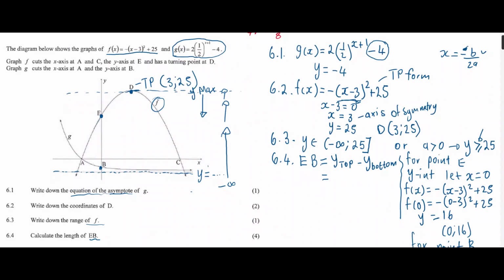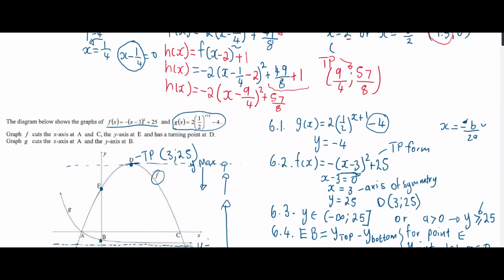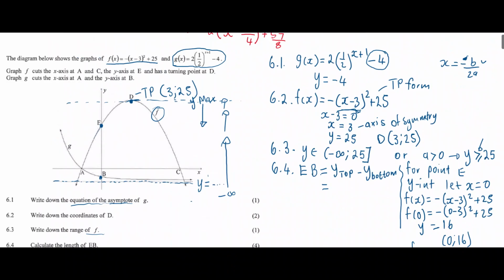So let's make the x value 0. It's going to be g of 0, which is 1 over 2 times (0 plus 1) minus 4. And if you do that properly, you will see that the value here is -3.